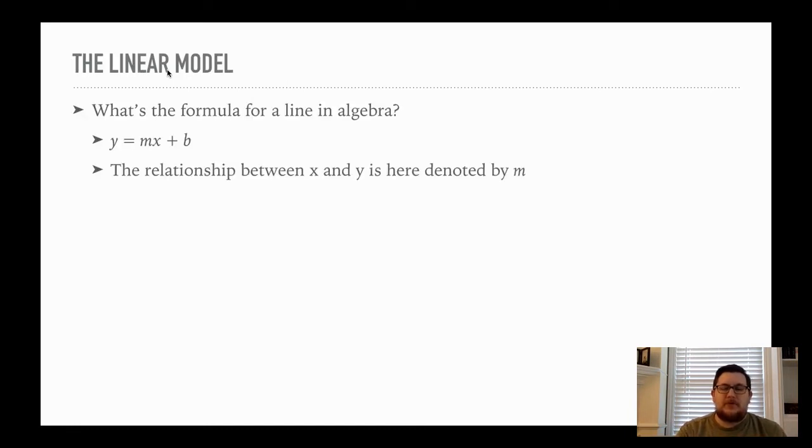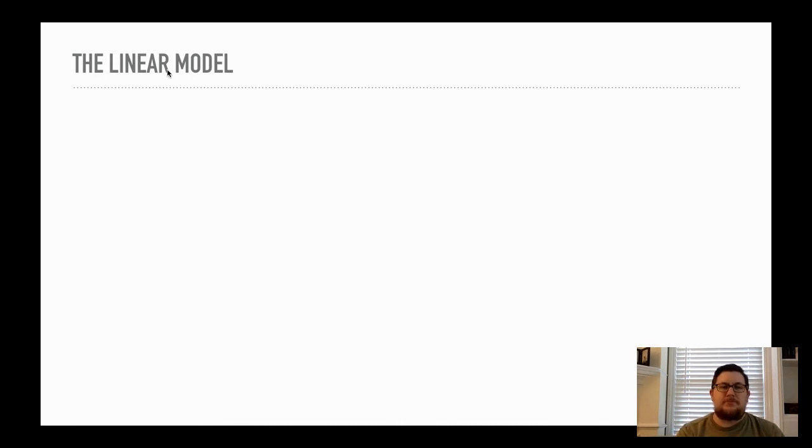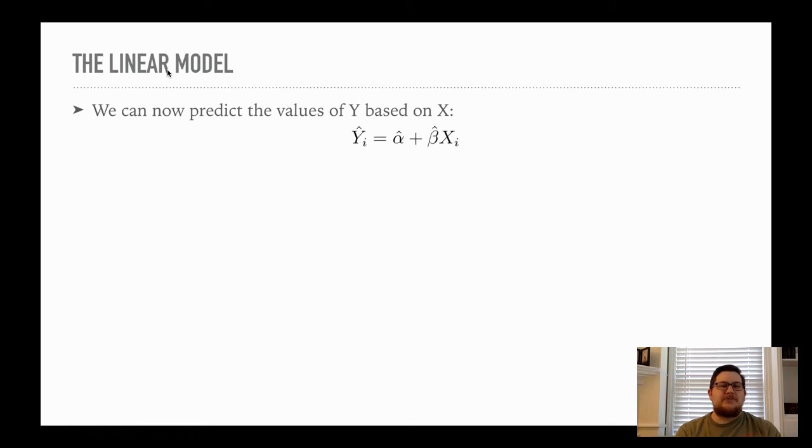So, continuing. Now, we can predict the values of Y based on values of X. So our estimate of Y, that's Y hat, is equal to alpha hat, what we obtained from our estimation, plus beta hat, which we obtained from our estimation, times that value of X. So you plug in a value of X, and you've calculated alpha and beta, which we'll do later, and then you can get a predicted value of Y. All right, so if Y is equal to 1 plus 2X, and X is equal to 5, then what's Y?